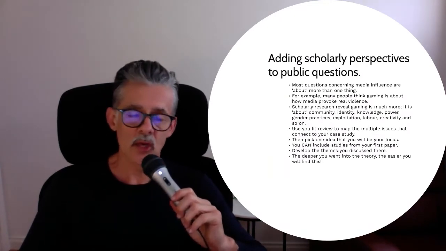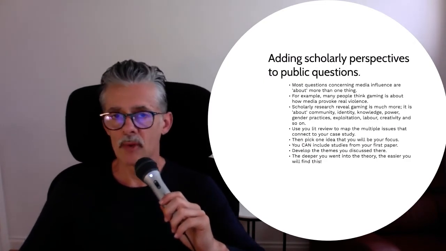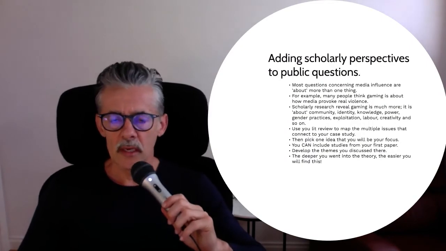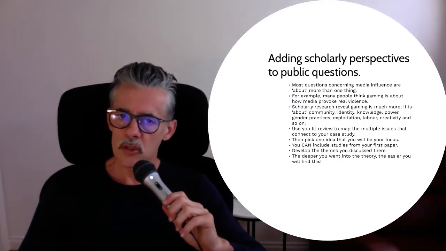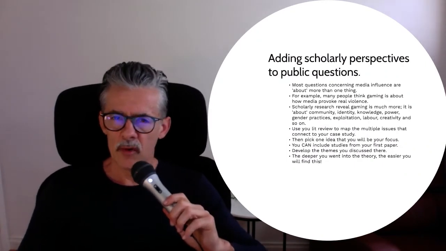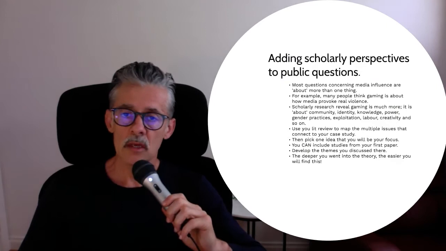So I've given here the example of gaming. We know that a lot of people worry about gaming because they think that gaming is somehow something that damages society. But if you look at research that scholars do on gaming, they argue that gaming is a far more complex activity that's about all kinds of things.